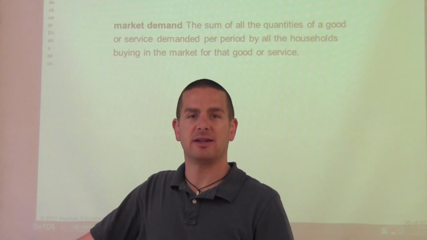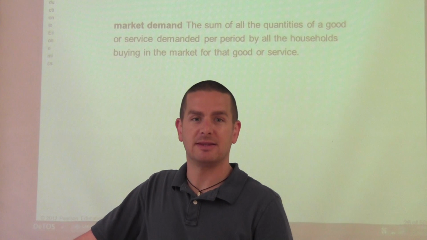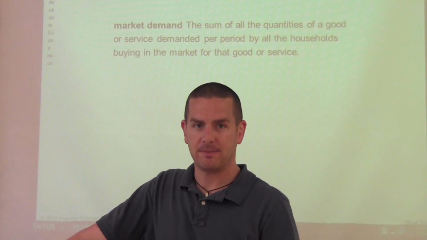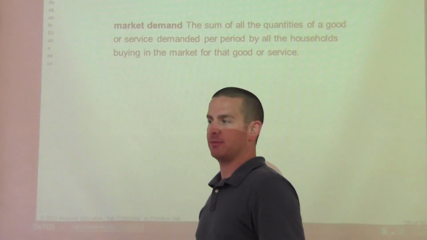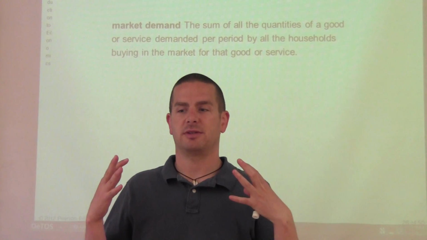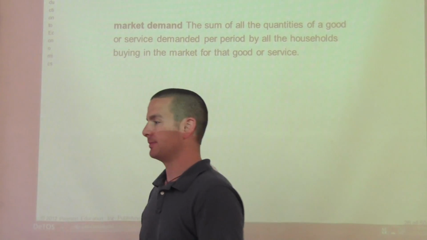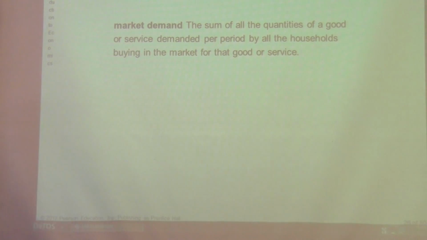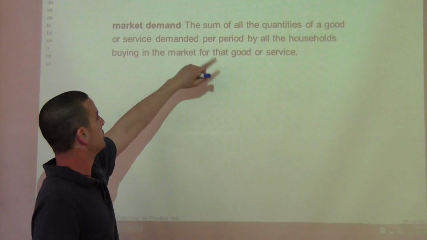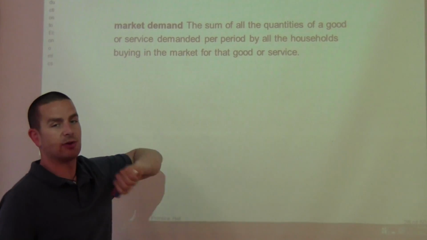Aggregate demand, it's total demand in the economy. It's the total demand of U.S. citizens. As it says here, it's the sum of the quantities of goods or services demanded by all households.